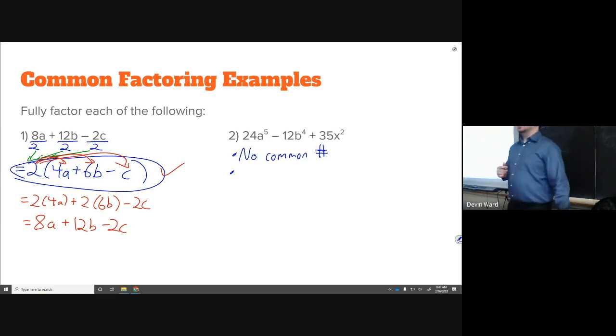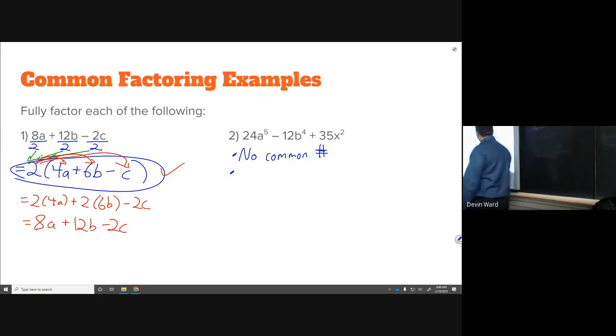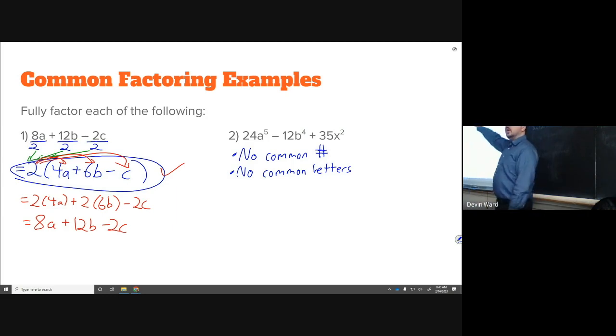Next, is there a letter that's common to all of them? No, they're all different letters. Okay? So if we don't have any letters and we don't have any numbers, we can't factor it.